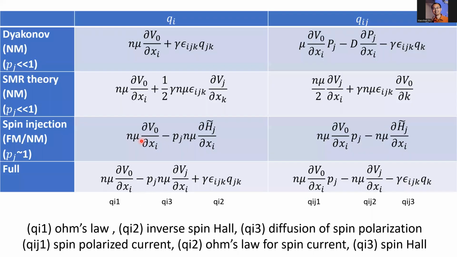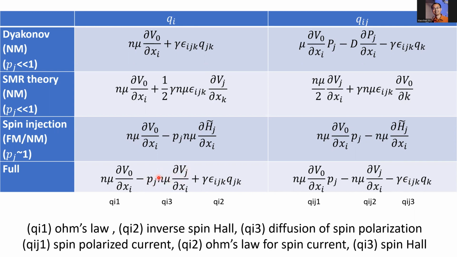We can put everything together. In total, we have three terms for each current. For charge current, we have Ohm's law, the inverse spin Hall effect, and this new effect that we talked about: the gradient of spin polarization, where the charge carrier is spin polarized and you generate a charge current.